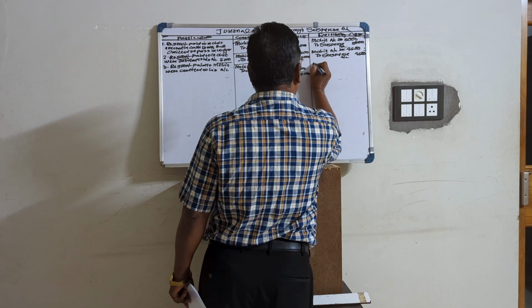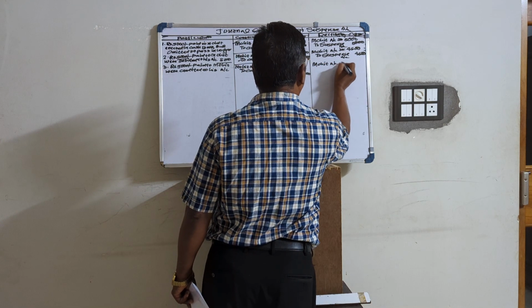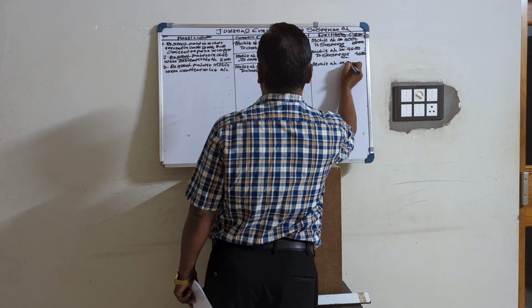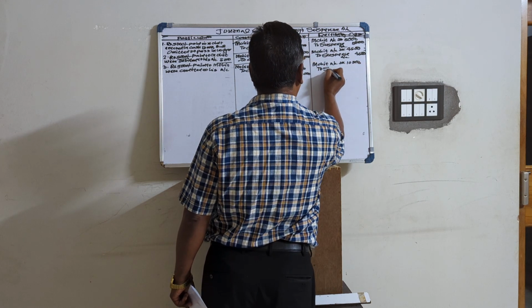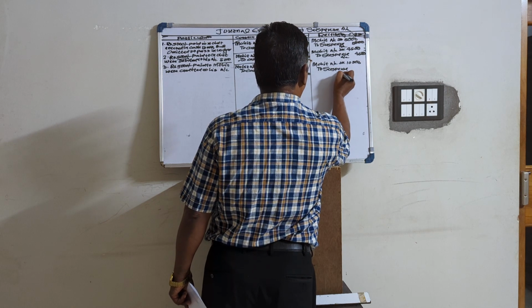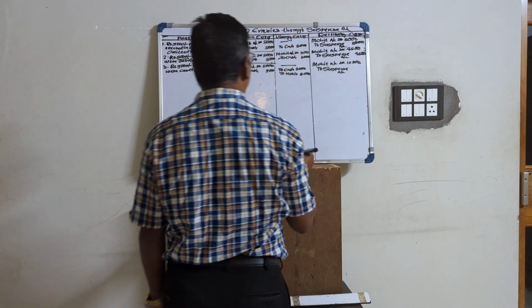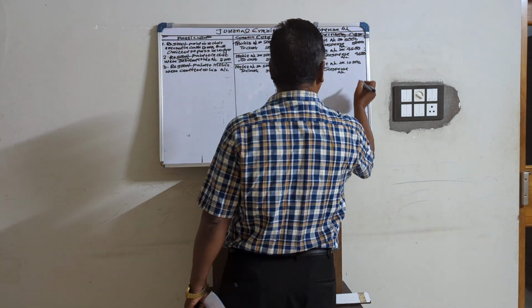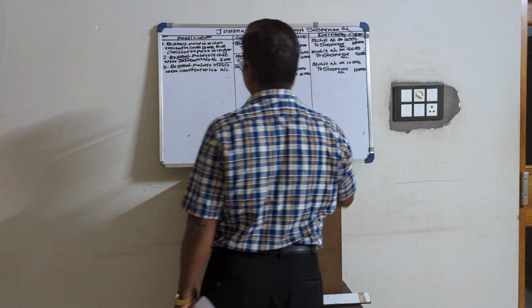So Mohit account debited 10,000 to suspense account, when Mohit account is wrongly credited instead of being debited. This is the third.